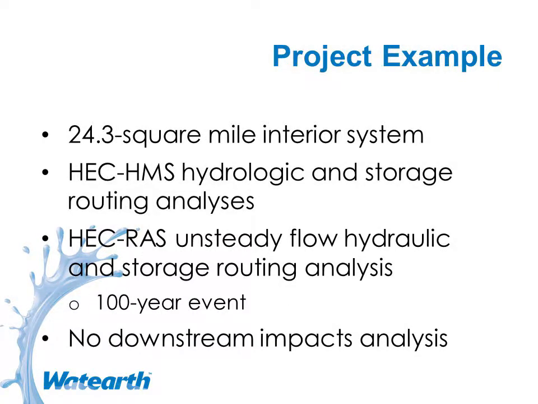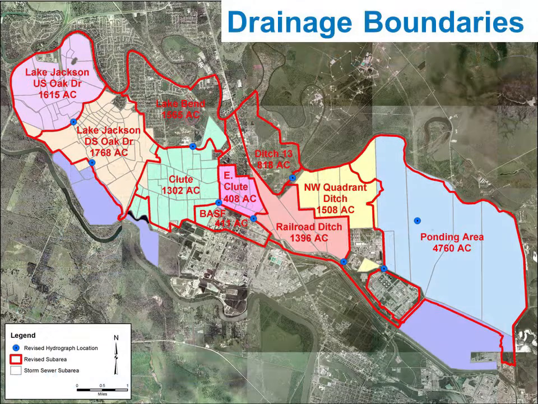Let's look at a project example. This is 24 square miles. It's basically inside of a levee system. It did include HEC-RAS unsteady flow, hydraulic, and storage routing, but we're going to focus on the HEC-HMS portion. There are various drainage areas with sizes ranging considerably.